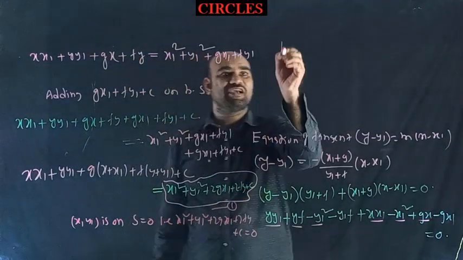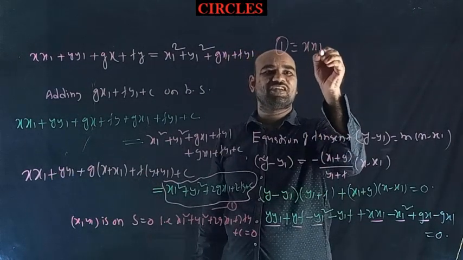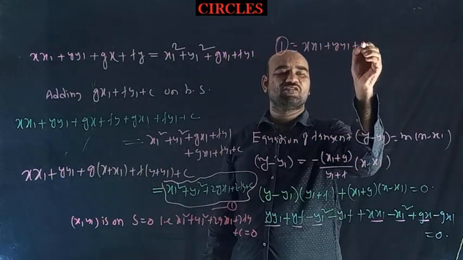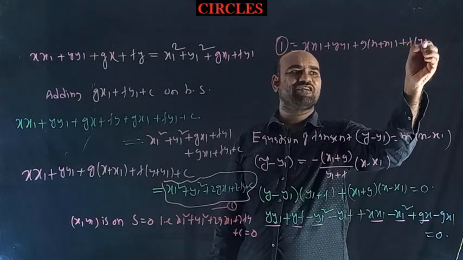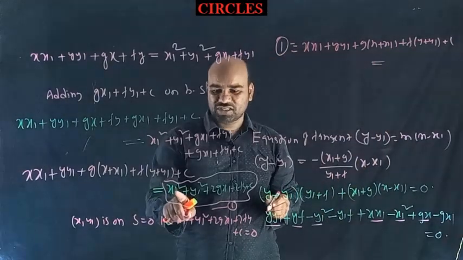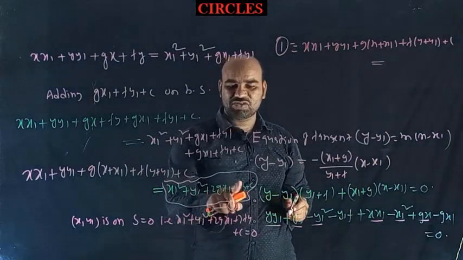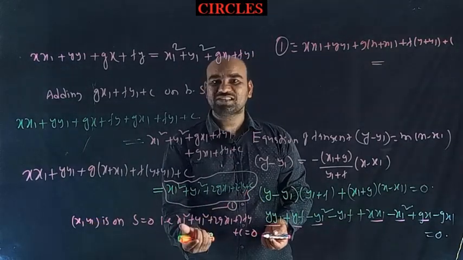Now result number 1 becomes: LHS as it is, xx1 plus yy1 plus g times of x plus x1 plus f times of y plus y1 plus c, equal to RHS, which is 0, because x1 square plus y1 square plus 2gx1 plus 2fy1 plus c means 0 only, no? Because x1, y1 is a point on the circle.